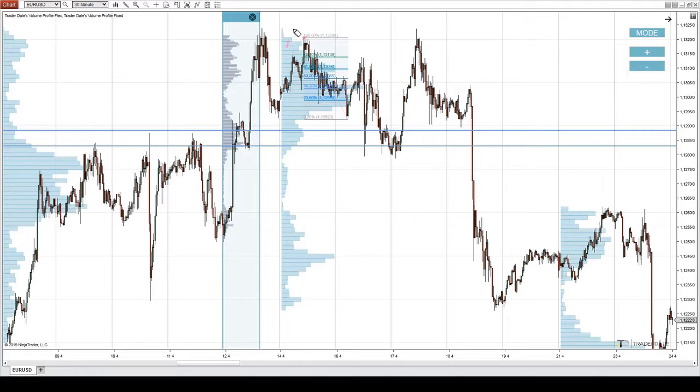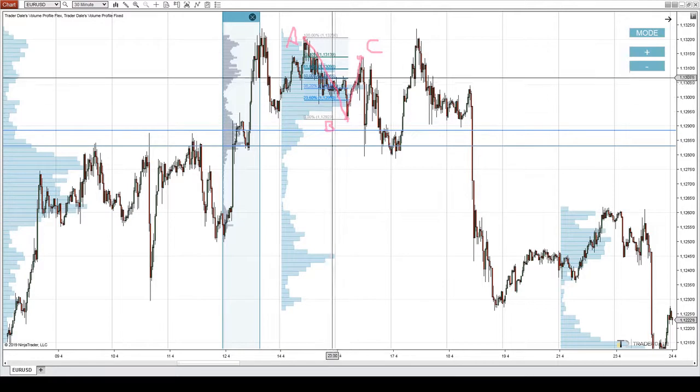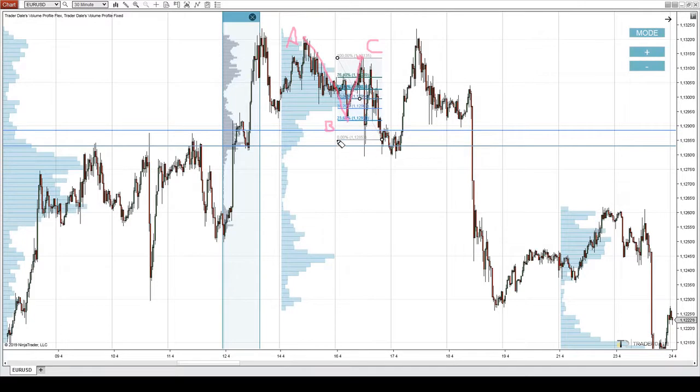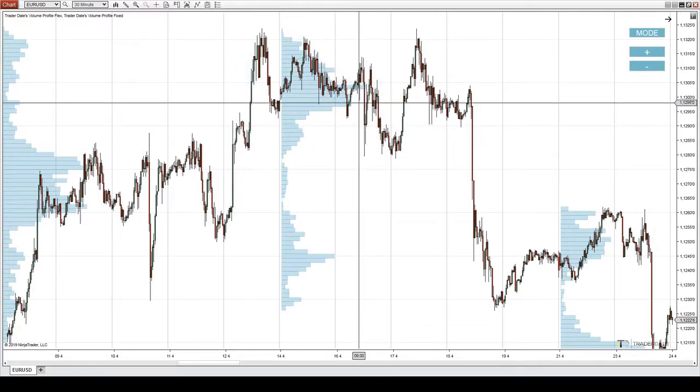So this would be A, this would be point B, this would be point C. Now you move it like this, and this would be point D, a little bit closer to the lower level. So I would probably tend to take the trade in here. But as you can see, all those setups confirm this general zone as a strong support. And that's what I want to demonstrate in this video.